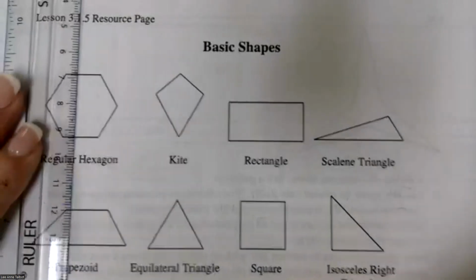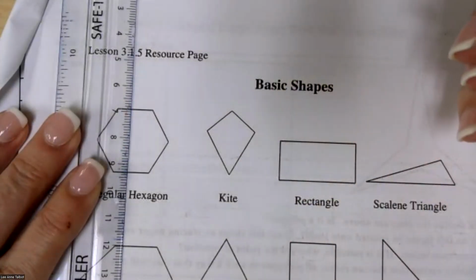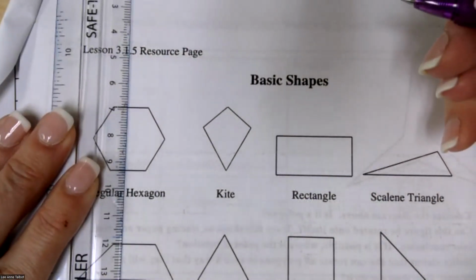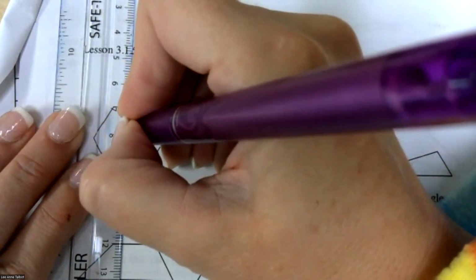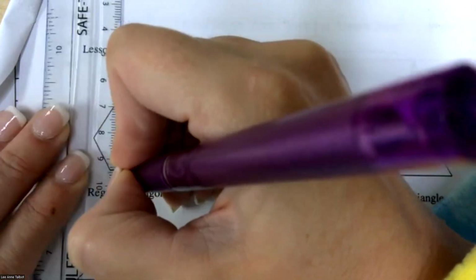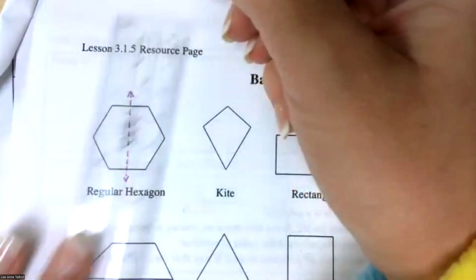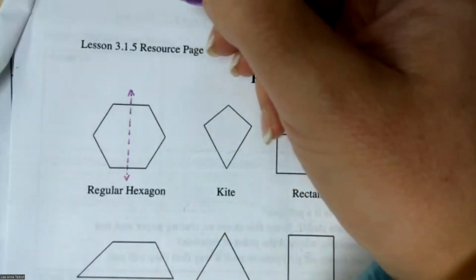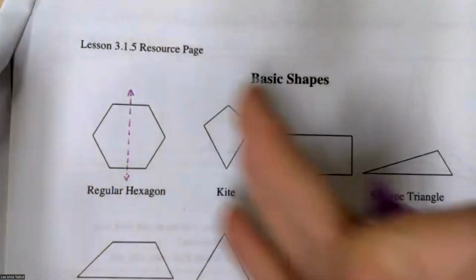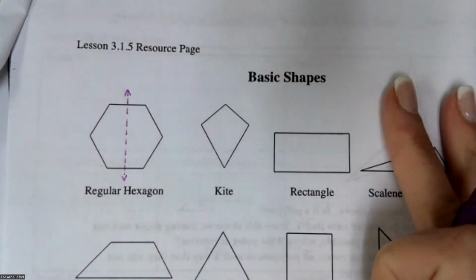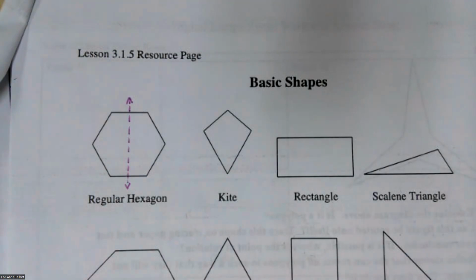Okay, so we're going to start with the hexagon. If you guys are good at this, you can go faster than me, but I like to draw them in as dashed lines. So I'm going to draw in all of the lines where if I folded on that line, it would match up on both sides. So I'm finding all of the lines of reflection.